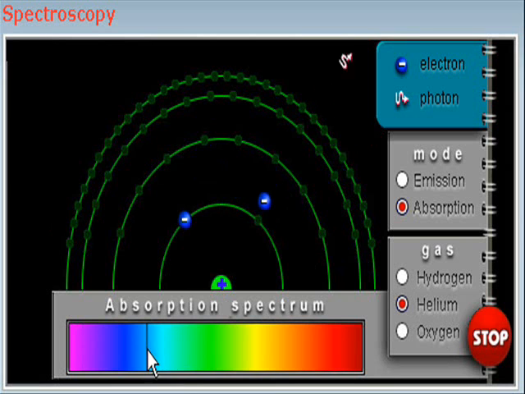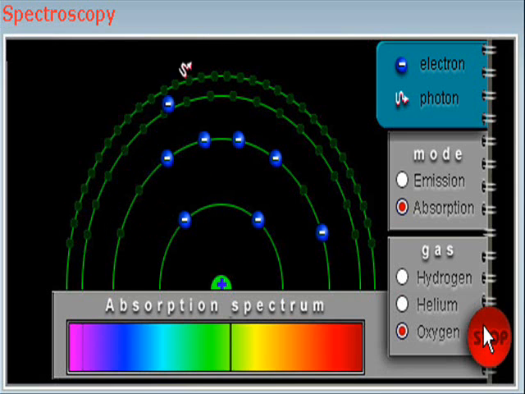The dark lines appear in very different places compared with the other element we've just looked at. If we take a look at oxygen, we can see a very different set of bands.